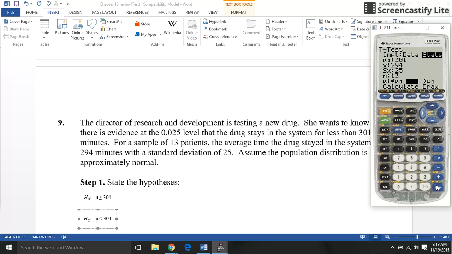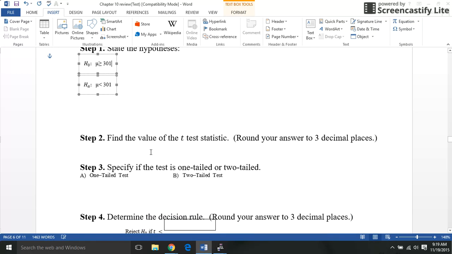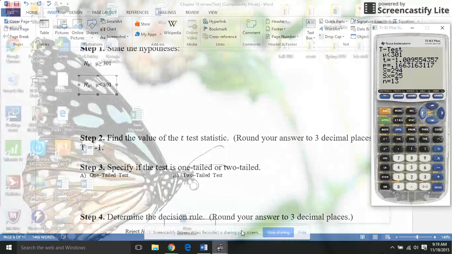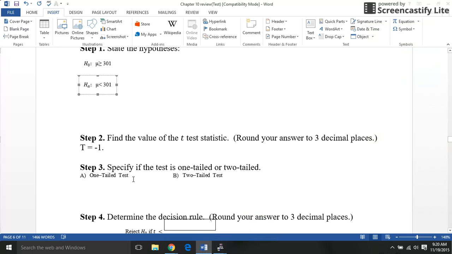So I go pick this last one, which is less than, and I hit calculate. So here I go. My t-test, t equals negative 1.009. So I'm just going to round this up to 0.10.